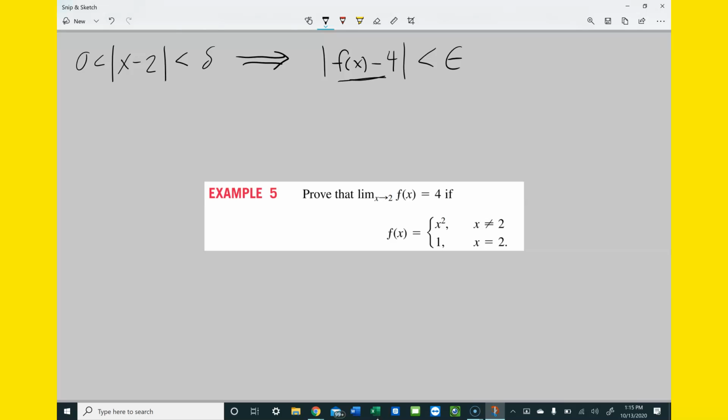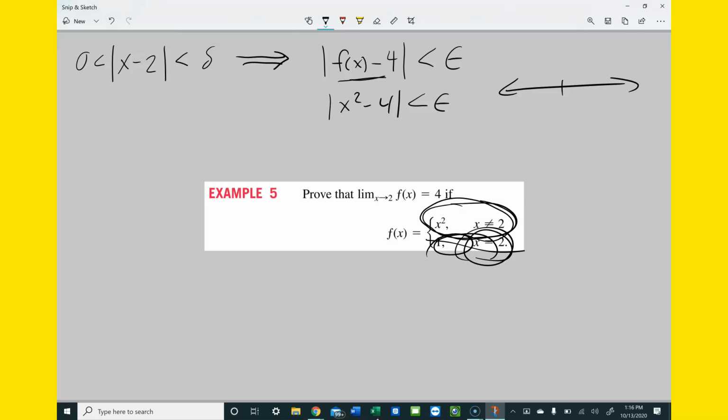And what am I putting in for f of x? All right, I don't care what it is when it's equal to 2. I don't care about that. I only care about what it is near 2. And this is what it is near 2, right? So I've got the absolute value of x squared minus 4 being less than epsilon, which means wherever epsilon is, the distance that this is from 0 is between negative epsilon and epsilon. That's what absolute value means. It means the distance from 0. So it's somewhere in there.